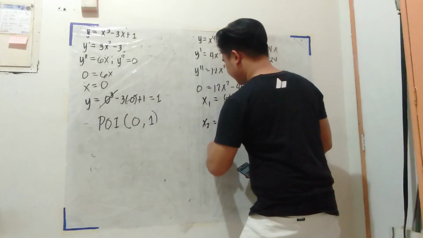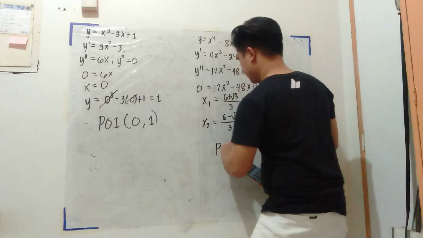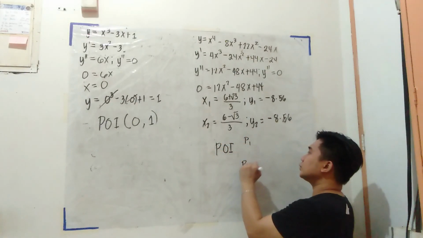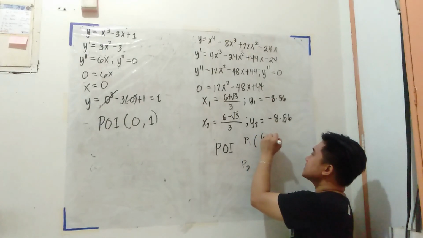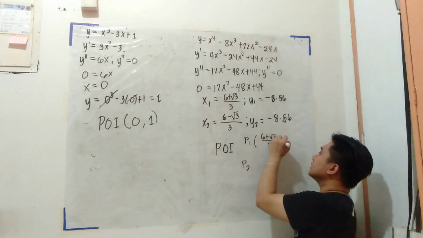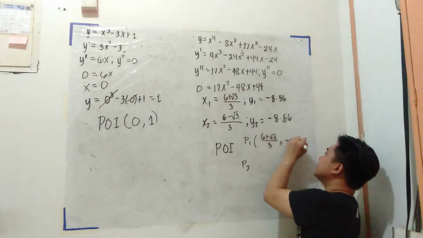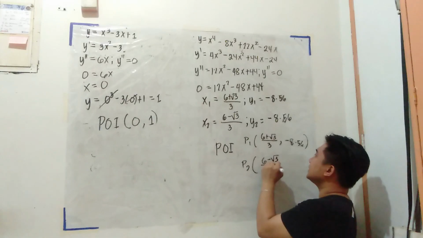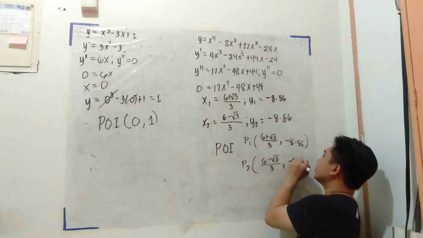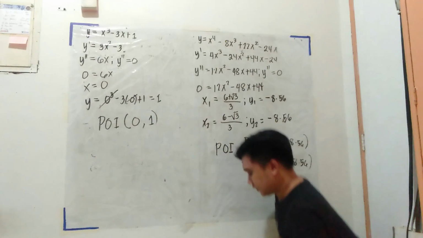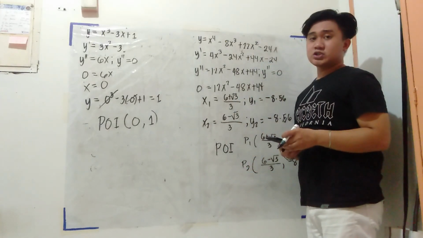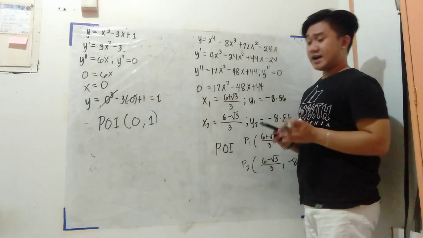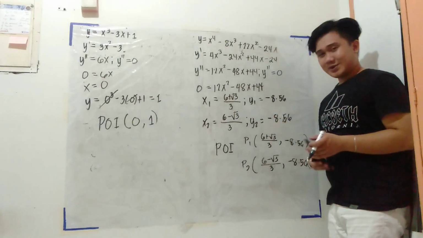So, your point of inflection, mayroon kang point 1, meron tayong point 2. So, we have (6 plus square root of 3) over 3, negative 8.56. And (6 minus square root of 3) all over 3, negative 8.56. So, ito yung mga points kung saan mag-change yung curve natin from concave upward to concave downward, vice versa. So, copy your notes.